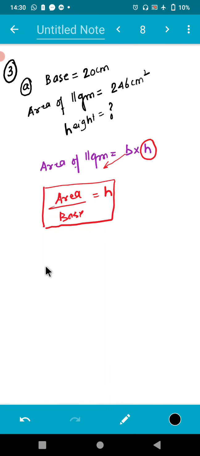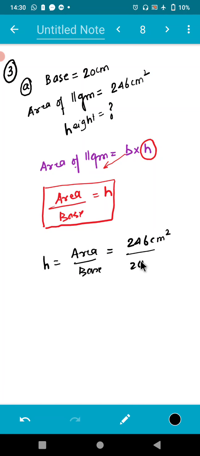Now, as height is equals to area by base, in place of area we will put the value, that is 246 centimeter square, and in place of base we will put 20 centimeter. Now, in numerator we have centimeter square, in denominator we have only 1 centimeter. So we will reduce this 1 centimeter.